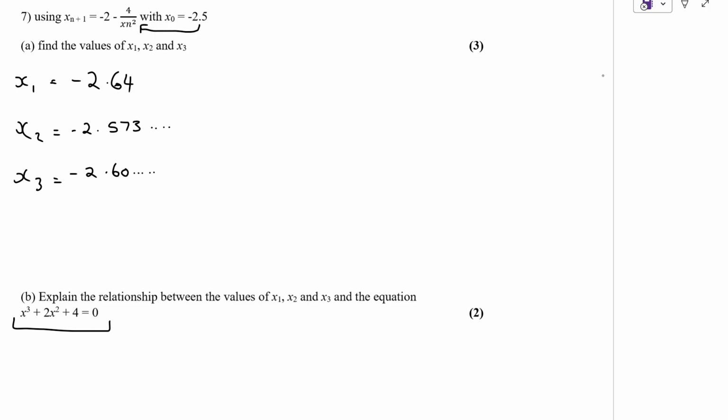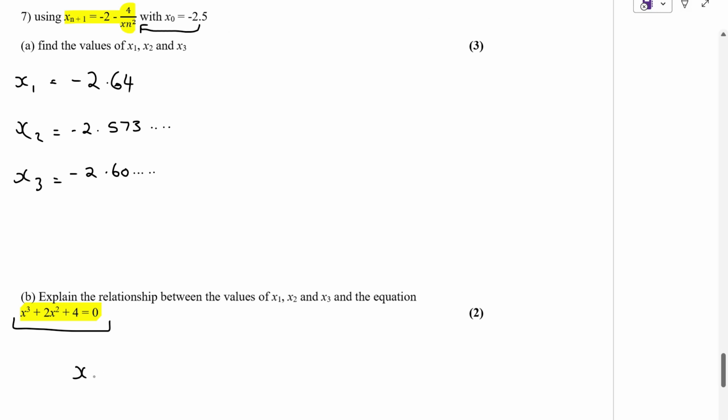Okay, part B, we've seen a question like this earlier. So if you remember, we basically need to rearrange this formula here so that it looks like this formula here. And x1, 2, and 3 can be applied to essentially both of these equations.